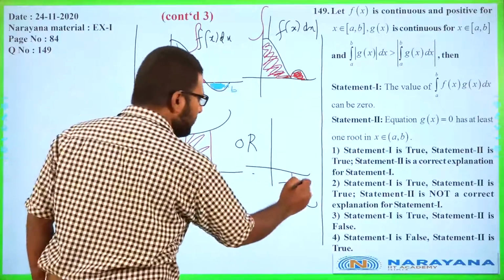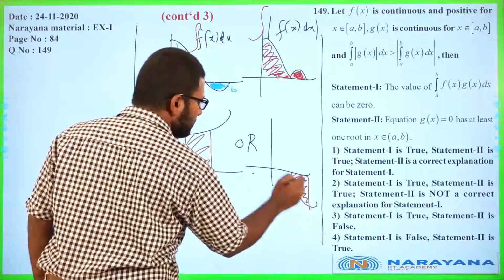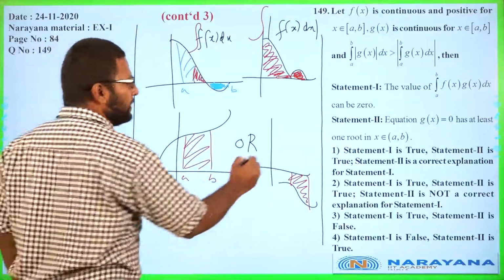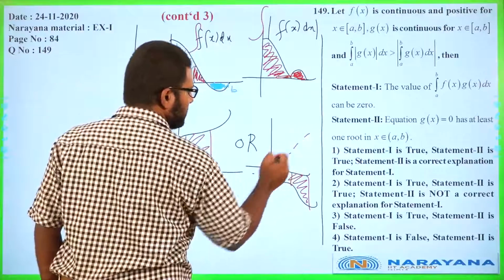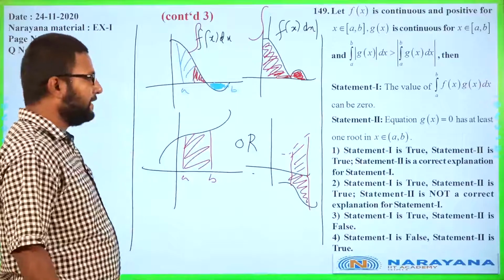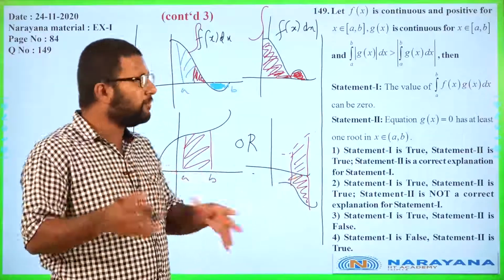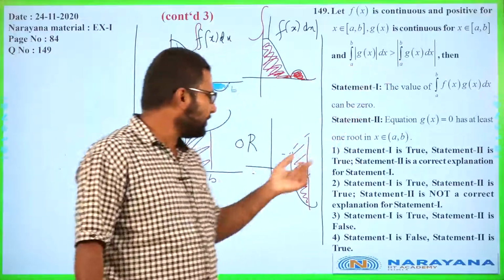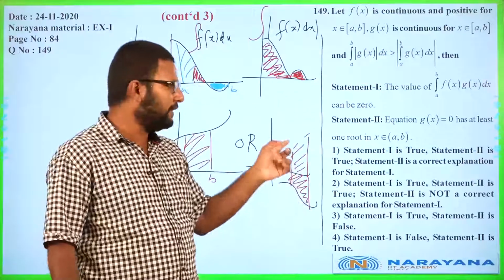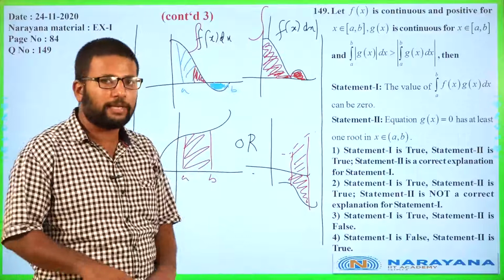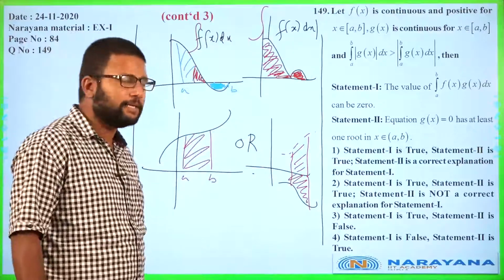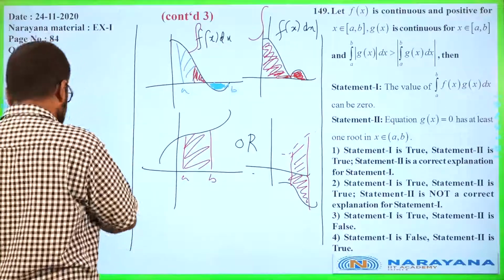Or if fx is negative, then once again if you take its mod, the function will then go like this and the area will be the same, which is why, when you put mod, you see there are mod on both sides. So if it's entirely negative, mod on both sides will take care of the fact that finally you get equal value. Okay. So everything is taken care of from this. Alright? Okay. Let's go to the next one.